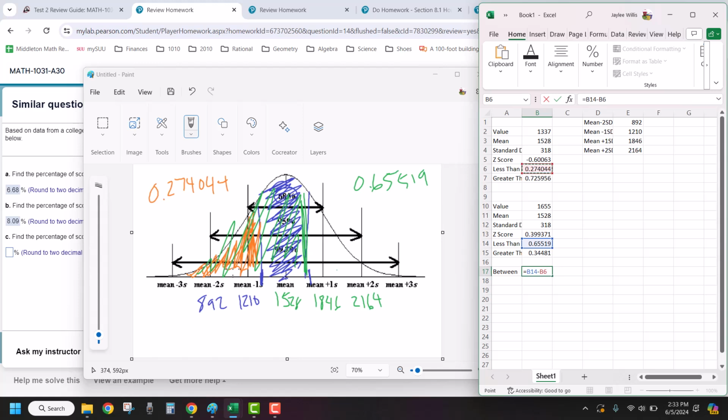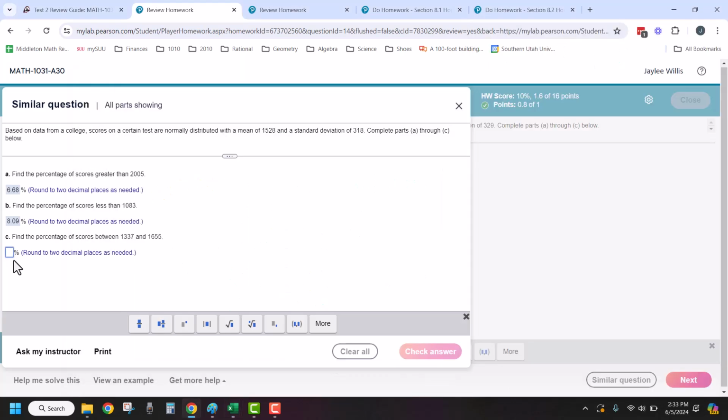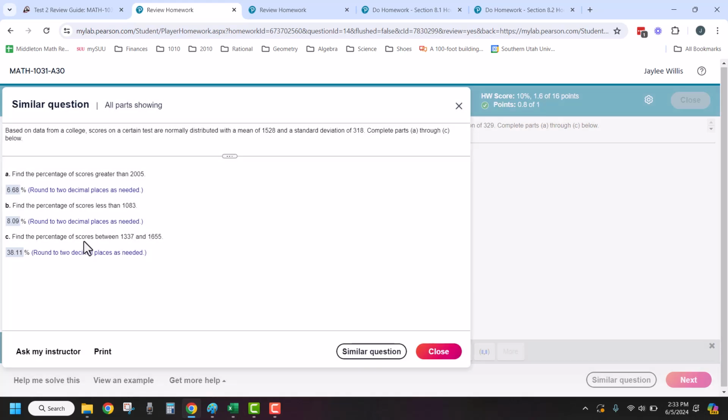I only want to find the blue part. And that tells me that the percentage between those two data points of 1337 and 1655 is 38%. And I think the decimal was 0.38. And so that's how you would calculate this.